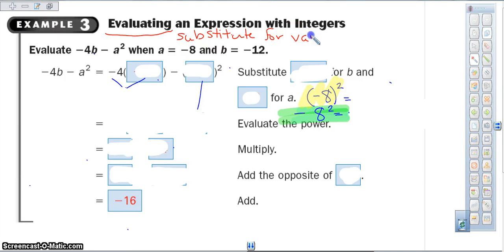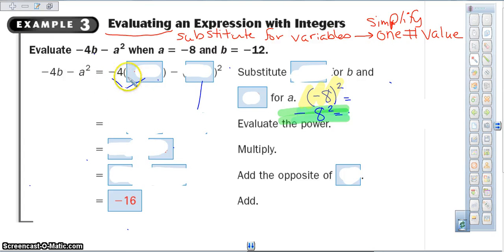And then after you substitute, you're going to follow your order of operations to get it down to one number value, if you can. So evaluate in mathematics means substitute in for the variables or simplify so that you have one number value. I can't even write tonight or spell tonight. Simplify. And as you can see in these videos, I make mistakes just like you do.